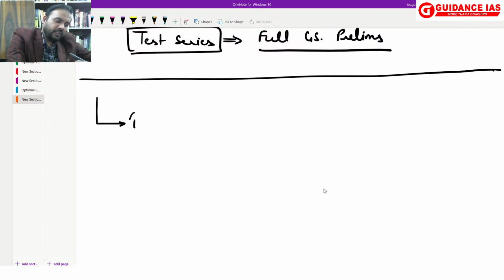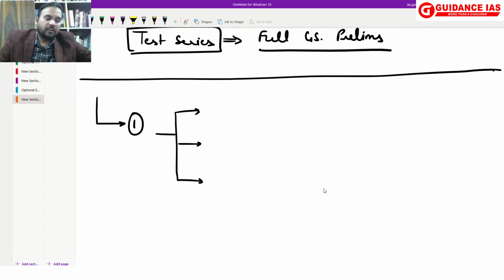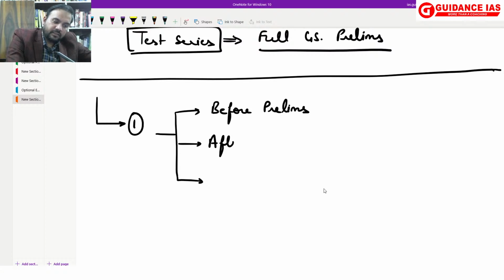So, as you know, because many students were confused about this, first announcement is that we have divided this into 3 courses. One is what we are calling before prelims. Second is after prelims.